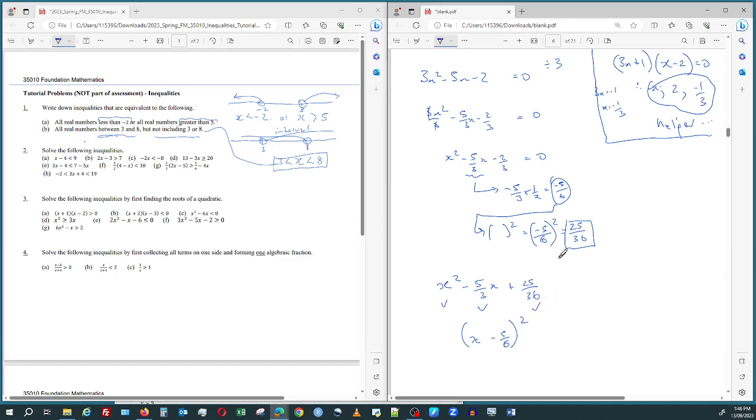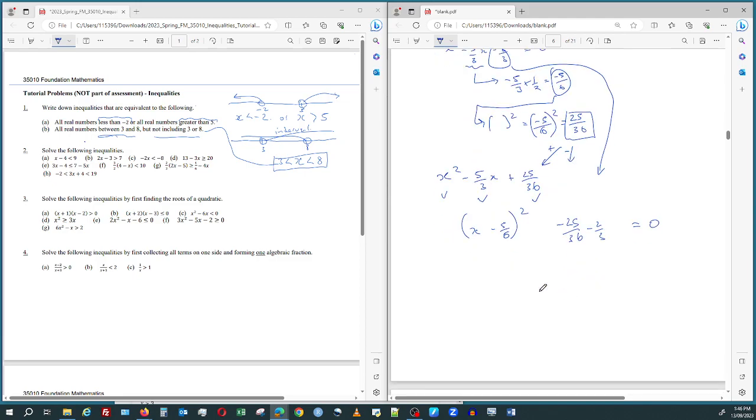Now we just can't willy-nilly add one, but we're going to stay on this side and subtract one. So we're going to put minus 25 on 36. The other thing we can't forget to do is to bring the 2/3 down. So minus 2/3, and we're keeping it on the left. We're not plus or minus to both sides, or adding to both sides, or any of those things.